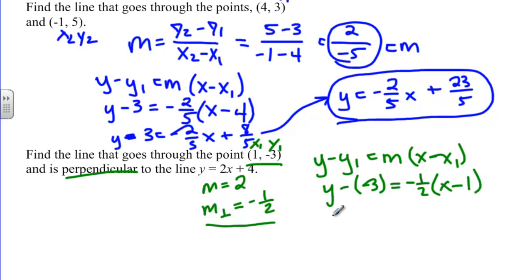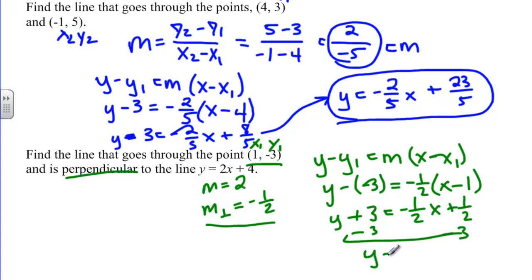Distribute, make it nice: y plus 3 equals -1/2 x plus 1/2. Subtract the 3 from both sides, and I get y equals -1/2 x. 1/2 minus 3 is going to be -2.5, or -5/2. And that's our equation.